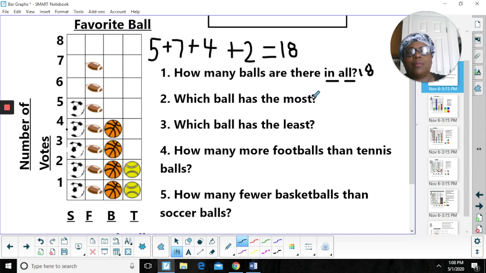Which ball has the most? That's our next question. Here's a key word right here, most. All right, which ball has the most? Okay, and most means what? A lot or more than anybody else or anything else, right? It means a whole lot. So if we just look at our graph, which ball will really have the most?